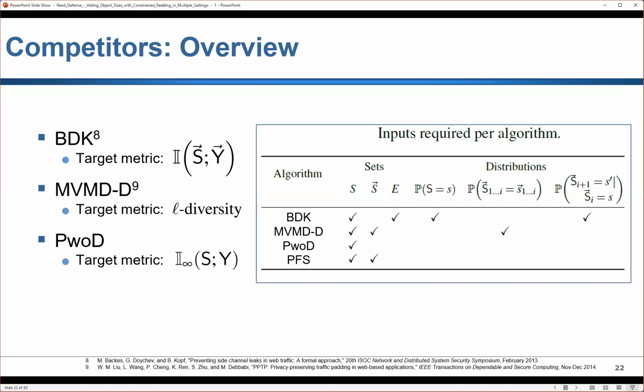And PWAD from our previous setting targets I infinity, but again, for the independent objects setting. And we see for the algorithms that work for sequences or are designed for sequences, BDK, MVMD, and our algorithm PFS, our algorithm requires the least amount of inputs, or in other words, the object store needs to know less than the competitors in order to run our algorithm.